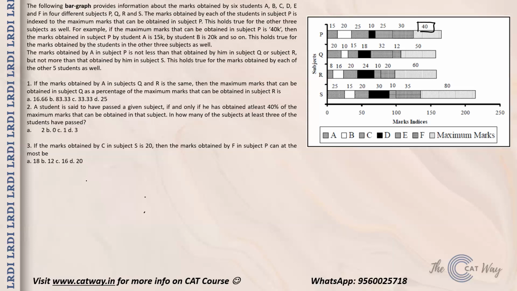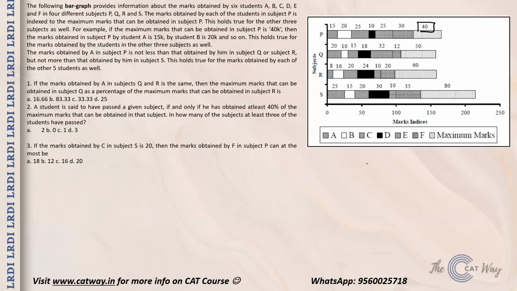So every student has got greater than or equal marks in Q and R. The relationship is that the marks obtained in P will always be greater than or equal to the marks obtained in Q or R, and P will be less than or equal to the marks obtained in S. So we have a relationship over here.